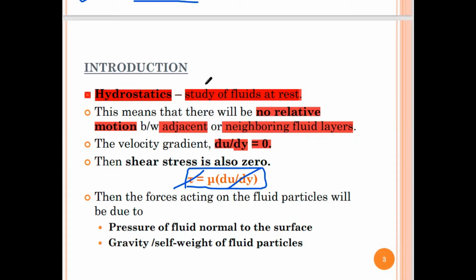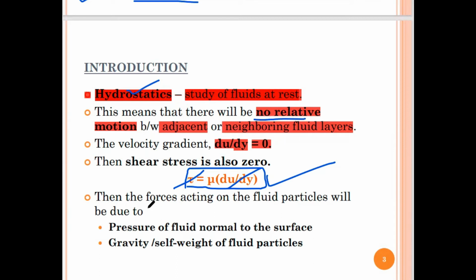For hydrostatic forces, the shear stress will be 0. So we can say these are fluids which do not have shear stress, where shear stress is 0 and velocity gradient is also 0, because there is no movement.